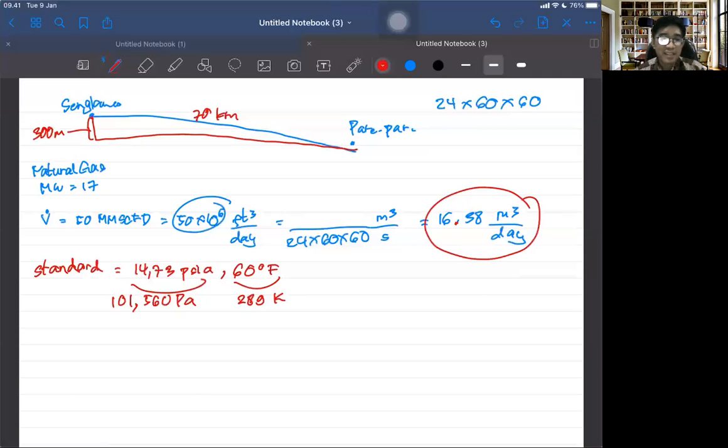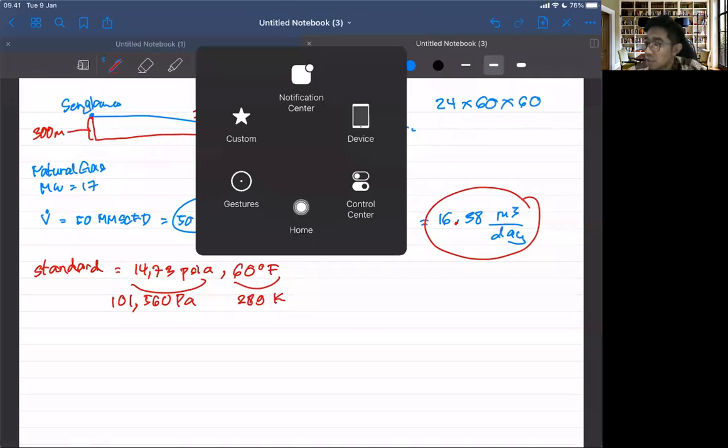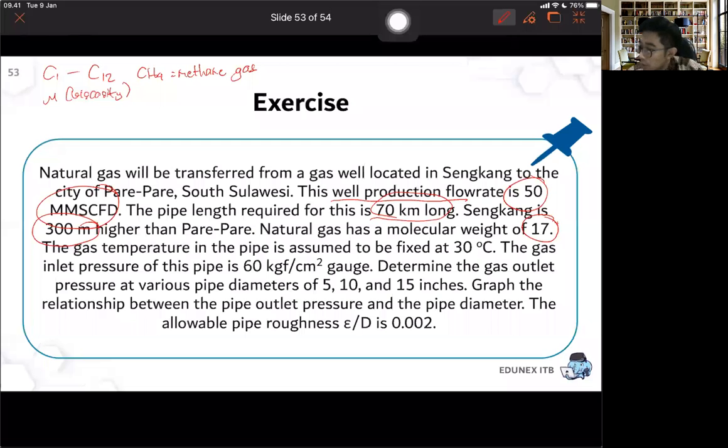Okay, then you use the current condition. That was the standard condition. Based on the exercise, the current condition is a pressure of 60 kilogram force per square centimeter and a temperature of 30 degrees C. So you need to convert it first.